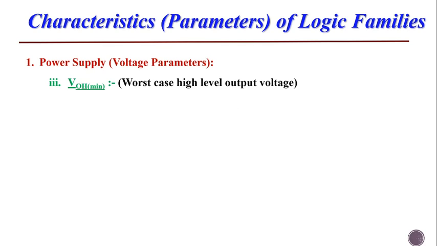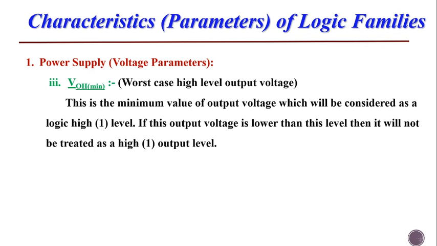Similarly, the VOH, or the output voltage ranges for low and high levels or logics, are predefined. This is the minimum value of output voltage which will be considered as a logic high level. If this output voltage is lower than this level, then it will not be treated as a high output level.